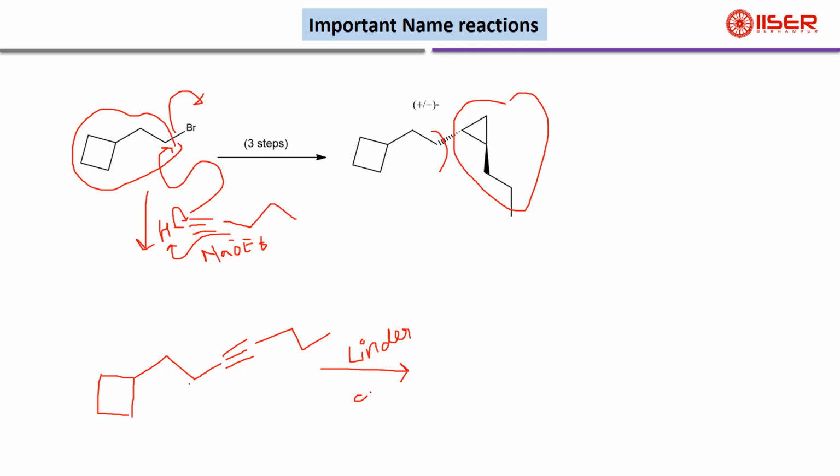If you add Lindlar catalyst and H2, it will undergo the partial reduction, and Lindlar catalyst reduction always proceeds in a syn manner, so it will give a syn double bond.